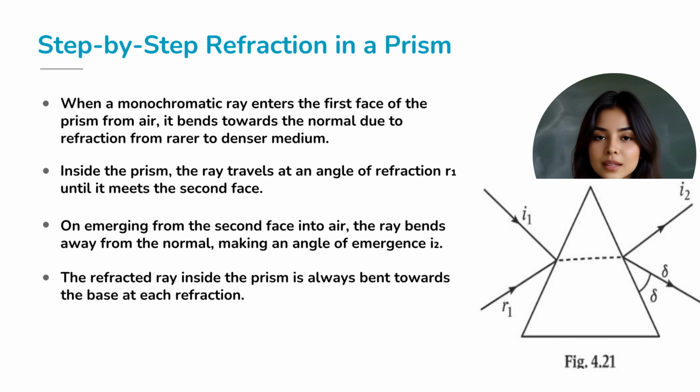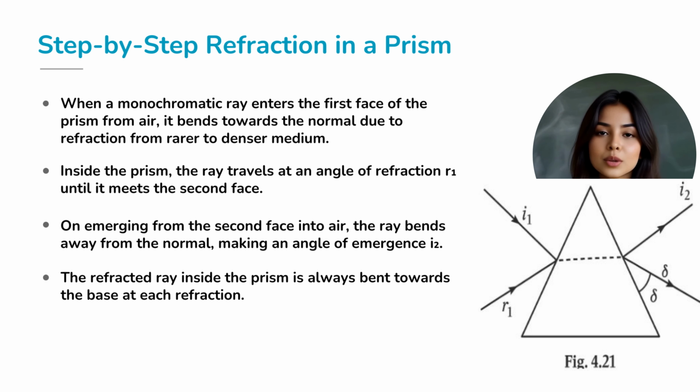When a light ray, say from air, hits the first refracting surface, it enters a denser medium, glass. By the laws of refraction, it bends towards the normal, and we call this bending angle inside the prism R1. This ray then travels inside the prism until it reaches the second refracting surface.